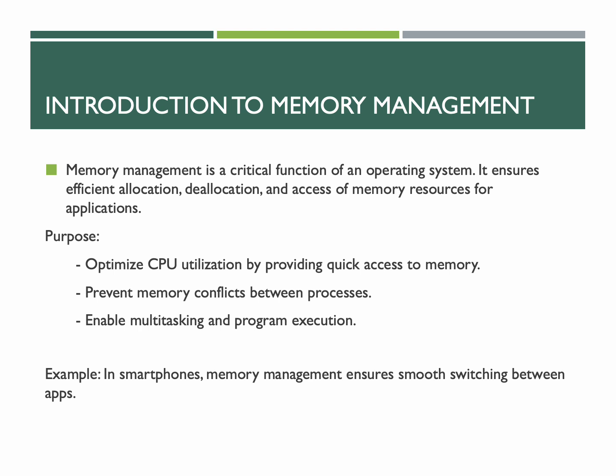This ensures that multiple processes running on the system do not interfere with each other's memory space. Third is enabling multitasking and program execution. Memory management allows multiple applications to run smoothly at the same time without crashes.